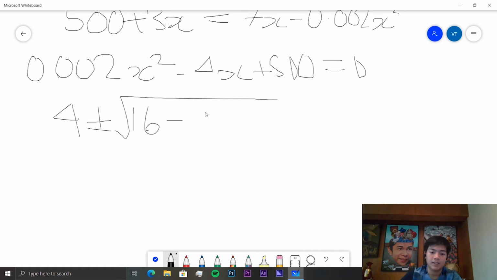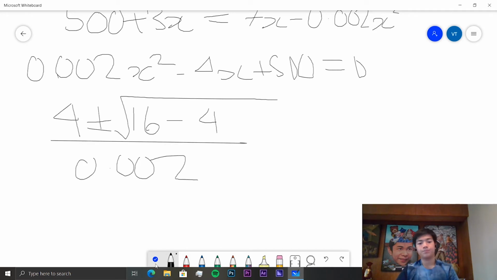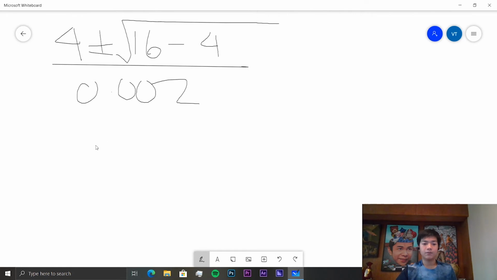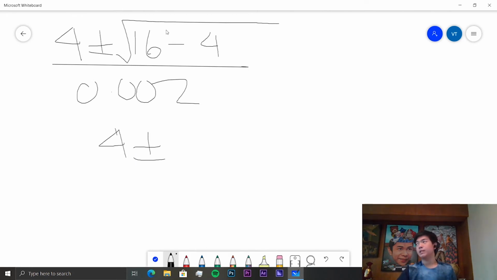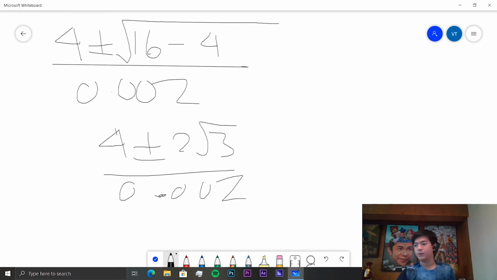So we have 4 plus or minus the square root of 16 minus 4 times 500 times 0.002, all over 2 times 0.002. So this is 4 plus or minus the square root of 12, which is 2 root 3, all over 0.004. So there are actually two break-even points.